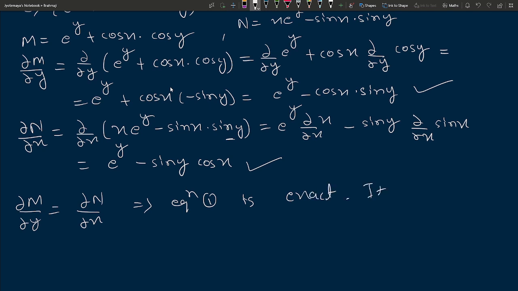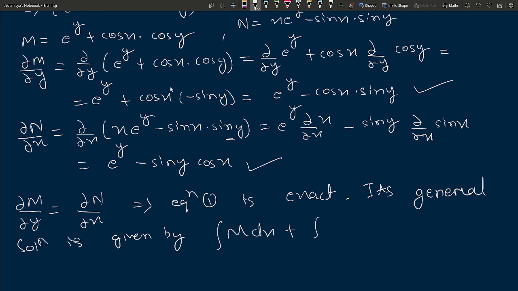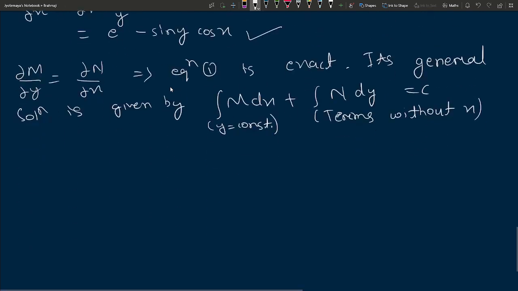Then its general solution is given by integration of M dx plus integration of N dy equals c. Here y is a constant, and here we take the terms without x. So integration of M, what is M?